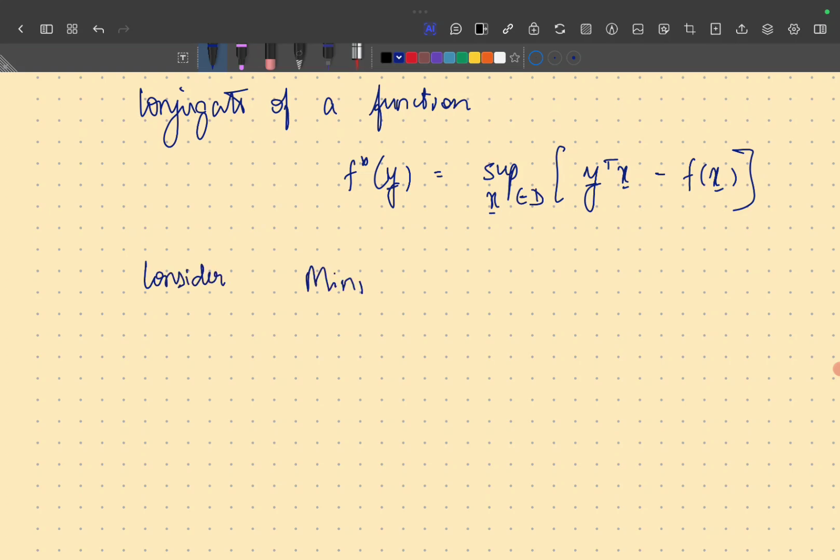Let's say you want to minimize some function f of x subject to some linear inequality or affine constraints, Ax less than or equal to b, and Gx equal to h.